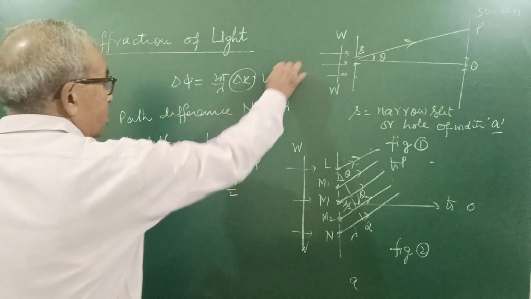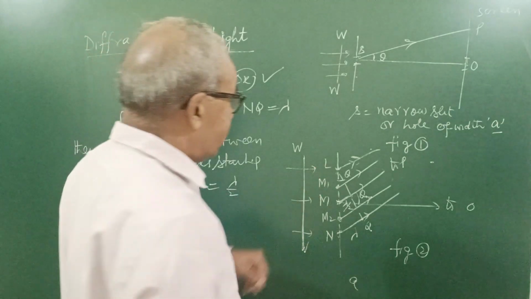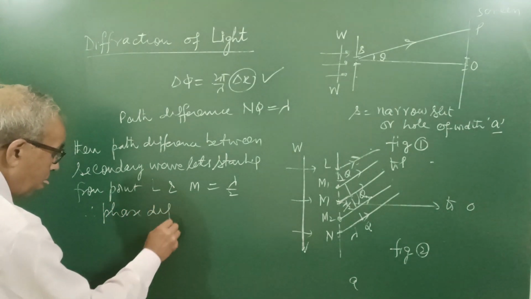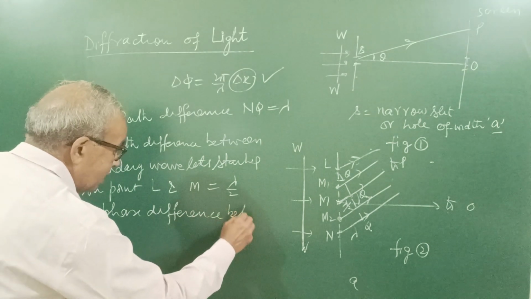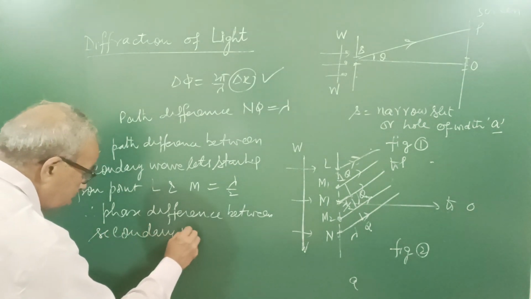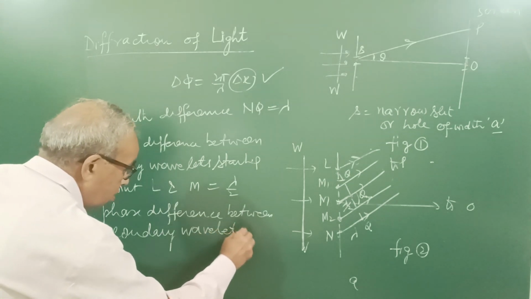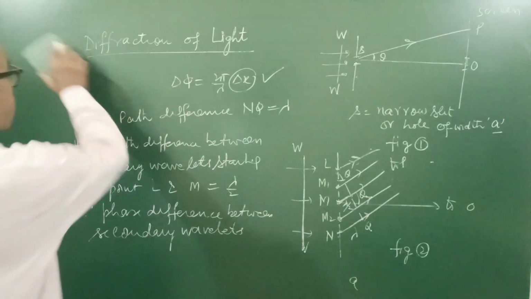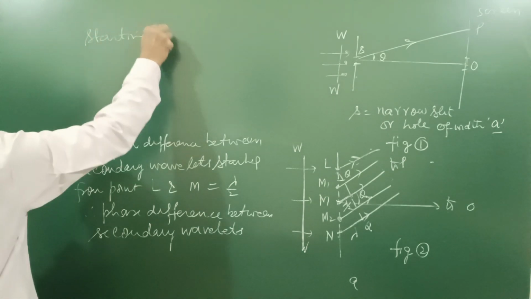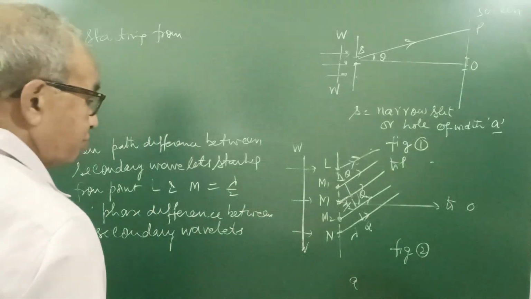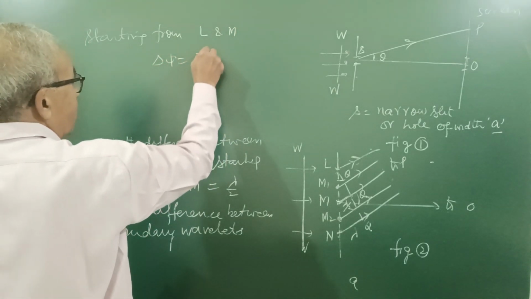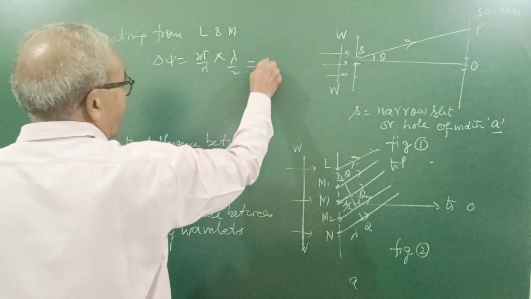And according to the equation, the phase difference between secondary wavelets starting from L and M, delta phi, is equal to 2 pi upon lambda into lambda by 2, which is pi.